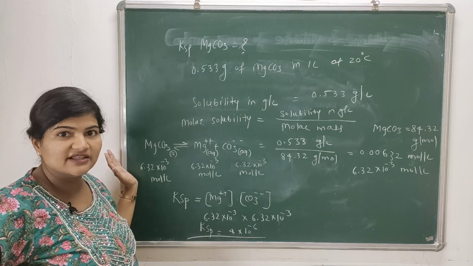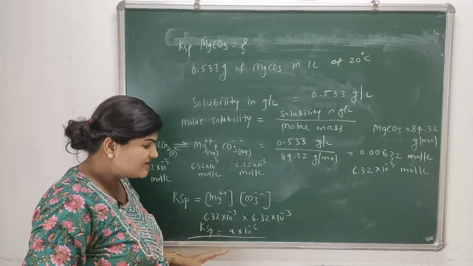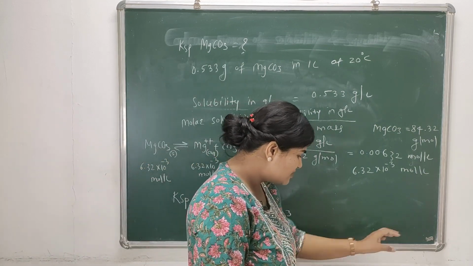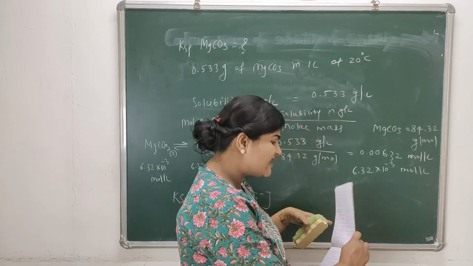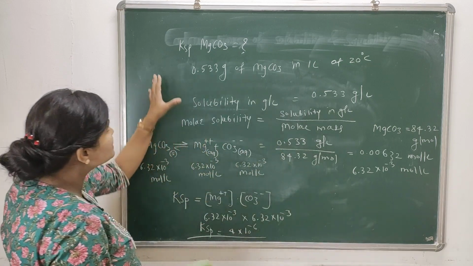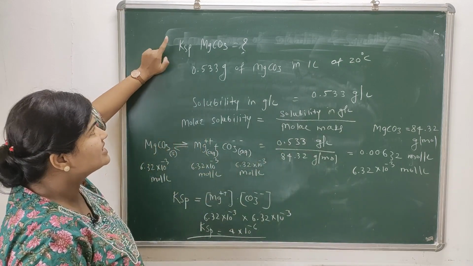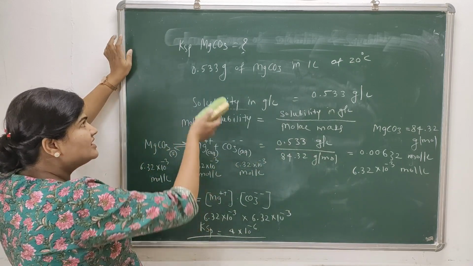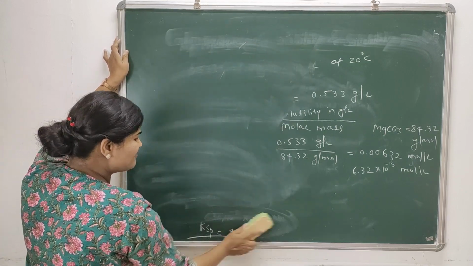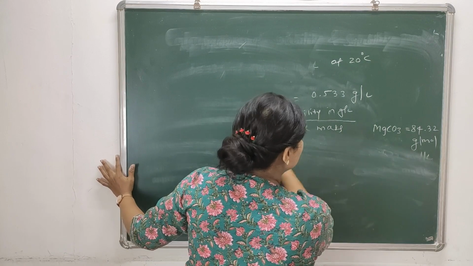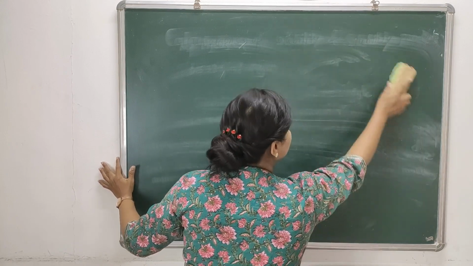Let's move on to the next problem, where we will see how we can calculate solubility from the Ksp value. Here we have seen solubility is given and Ksp we have to find. Now let's reverse the situation and solve a problem where Ksp is given and we have to figure out the solubility.